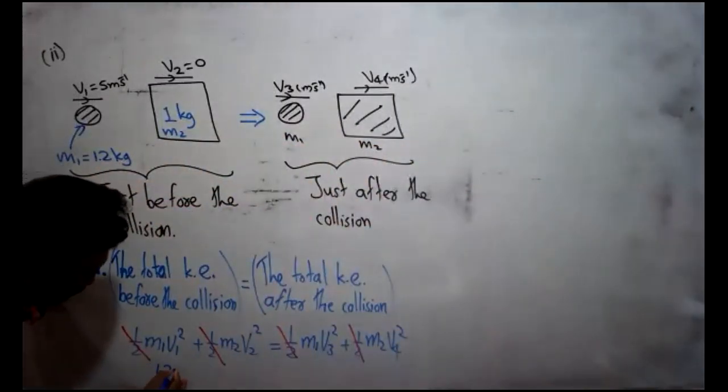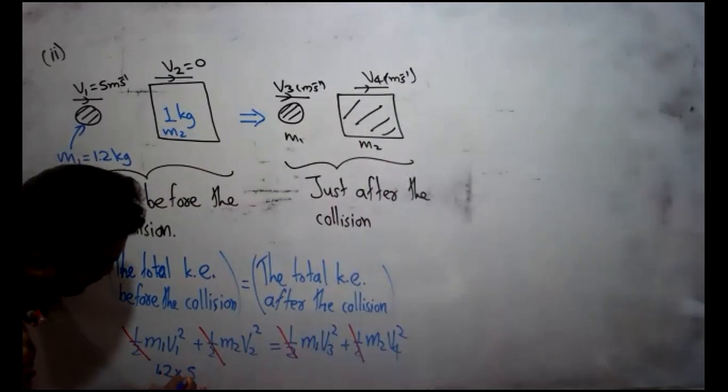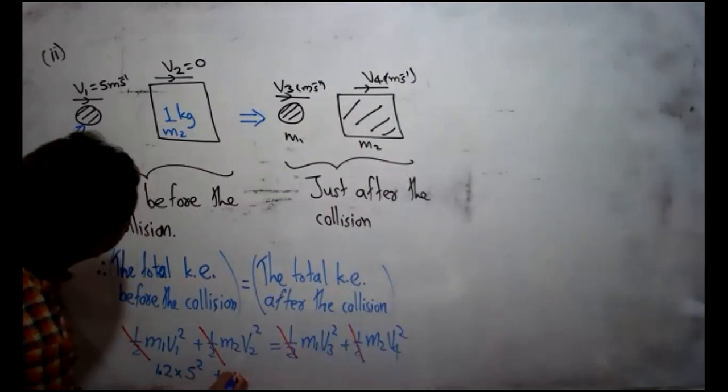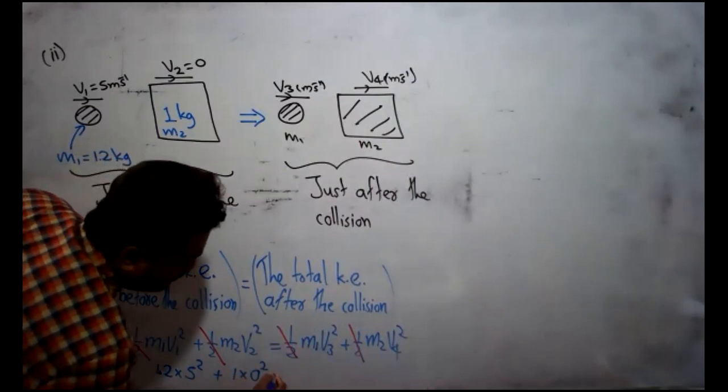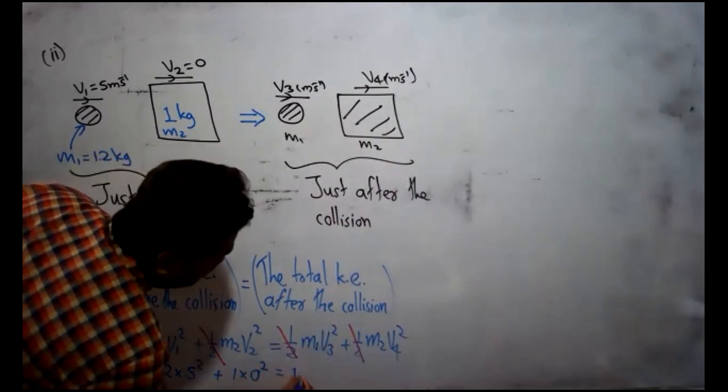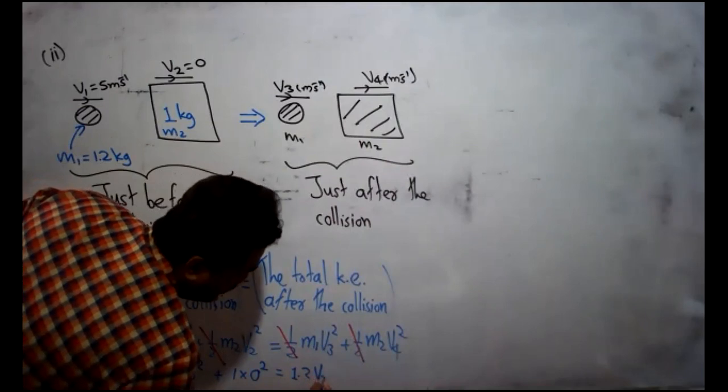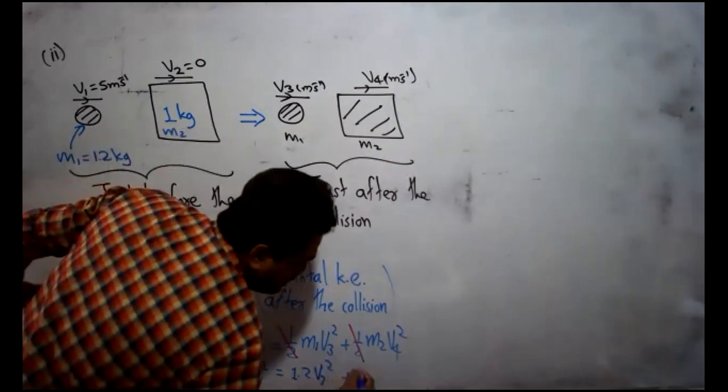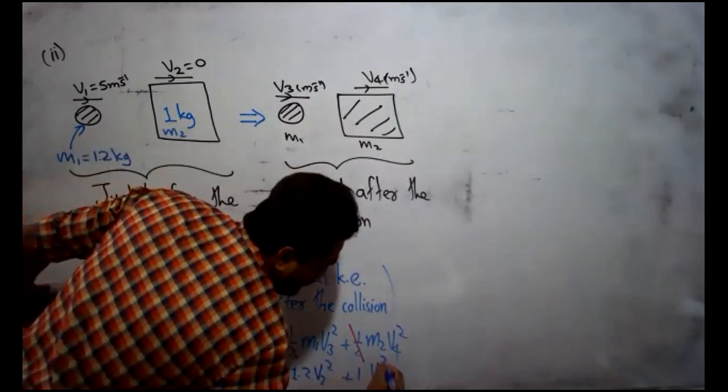M1 is 1.2, V1 is 5 square, plus M2 is 1, V2 is 0. M1 is 1.2, V3 we don't know. M2 is 1, V4 we don't know.